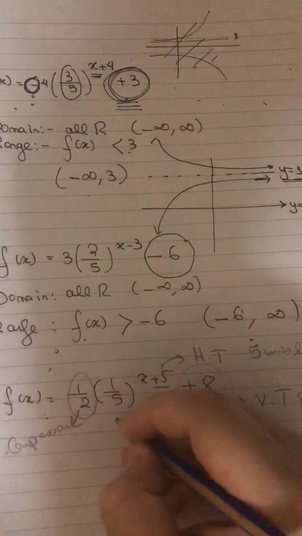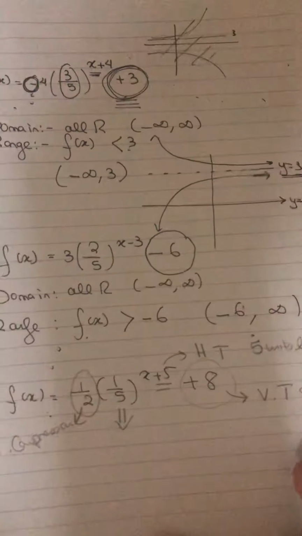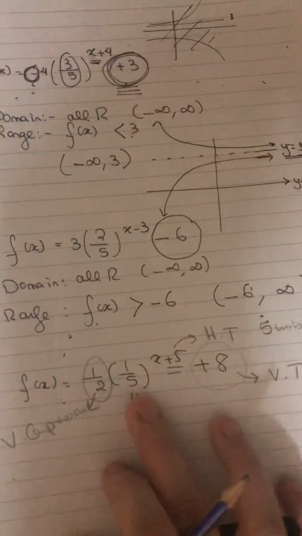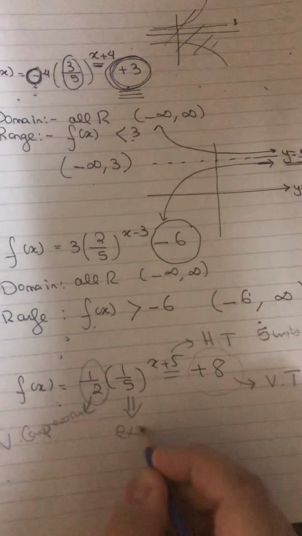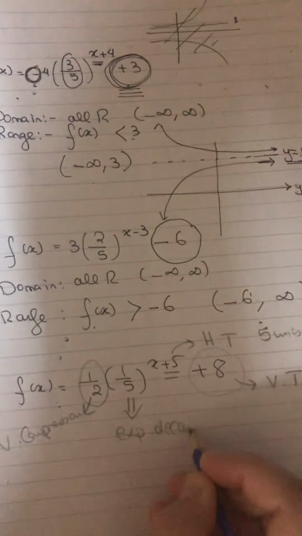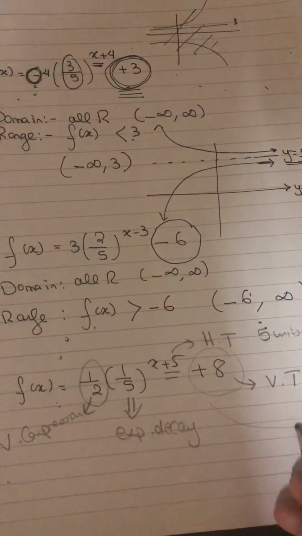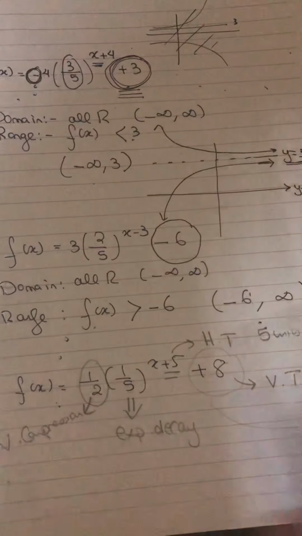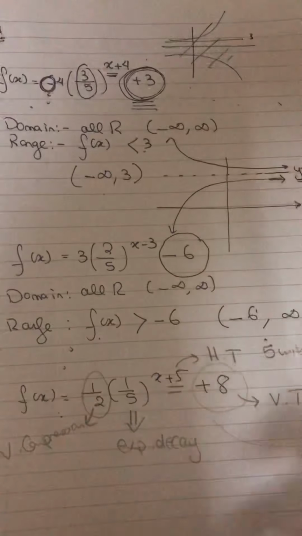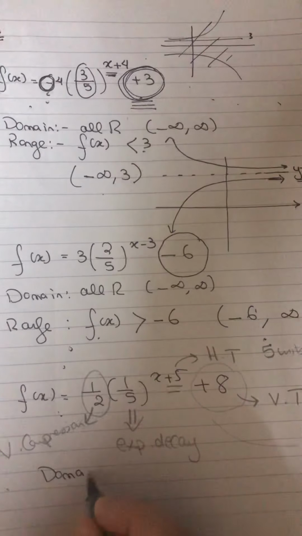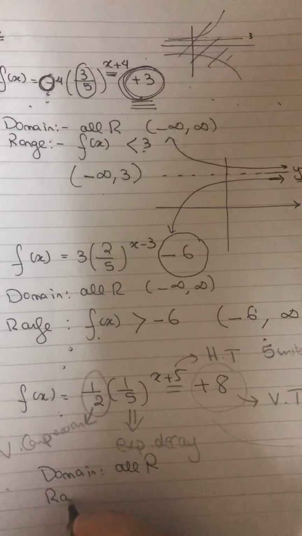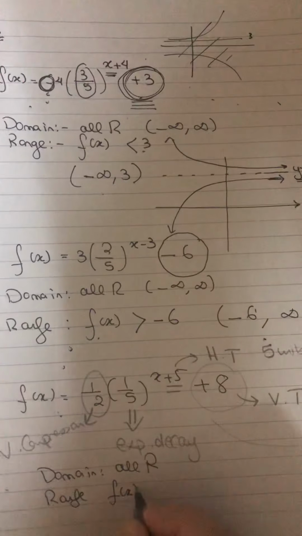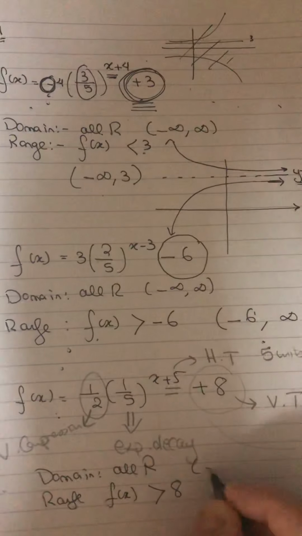Okay, and this number that is raised to the power of x is the one that I decide from it whether it's exponential decay or exponential growth. This shows me that it's exponential decay, and since it's a decay, the graph must look something like this. Okay, regarding the domain, you would just write all R, and for the range you would just say f of x is greater than 8.